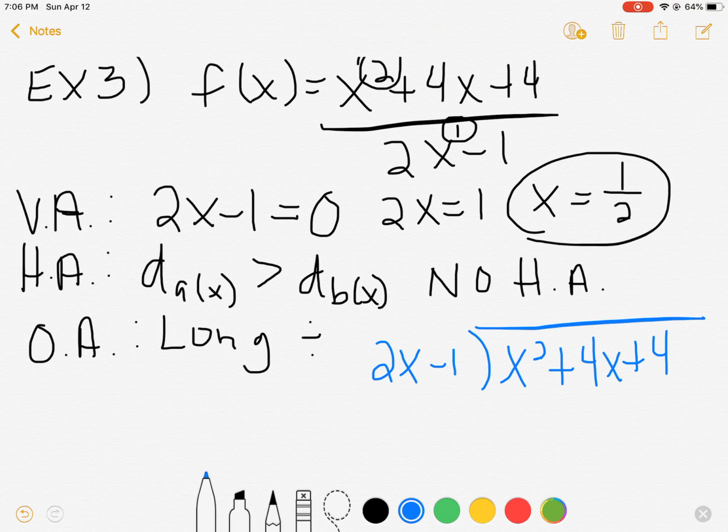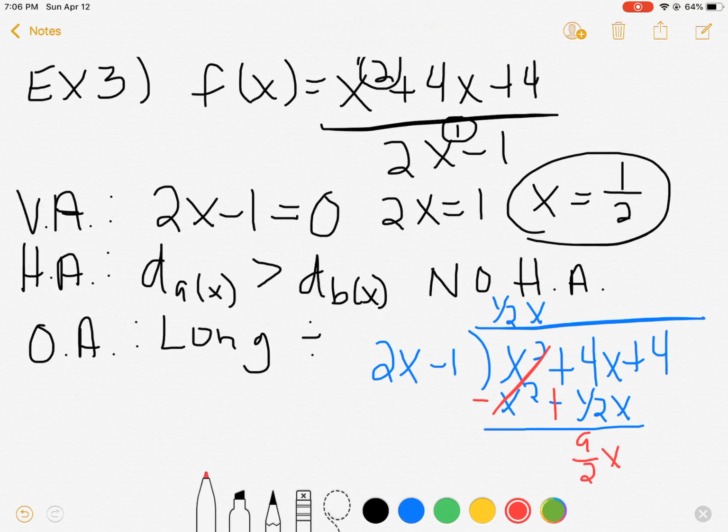So how many times does 2x go into x squared? It goes in there half x times. When I multiply, I get x squared minus half x. I draw my line, change my signs, and I get 9/2 x plus 4.